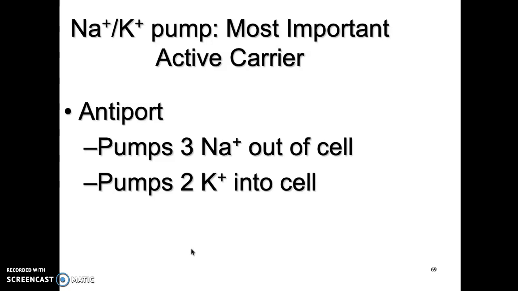Because it's going to move two different molecules and in opposite directions. It's going to pump 3 sodium ions out of the cell for every 2 potassium that it brings into the cell. Okay, so it's a pump, it's an active carrier, and it's an antiport. And it's transporting both sodium and potassium. Again, watch a separate video on this.